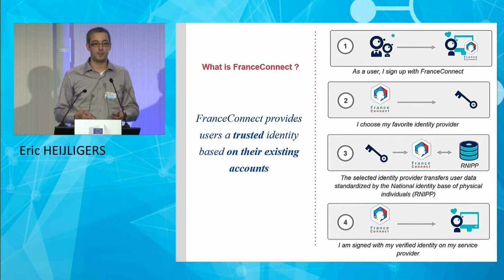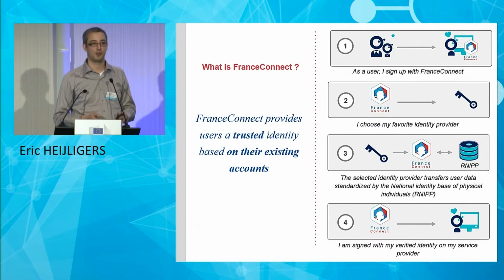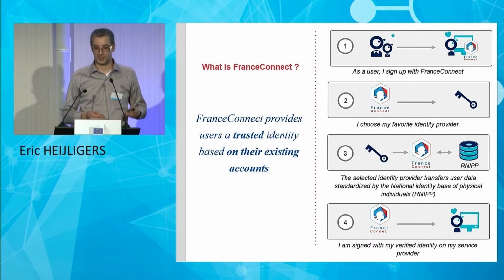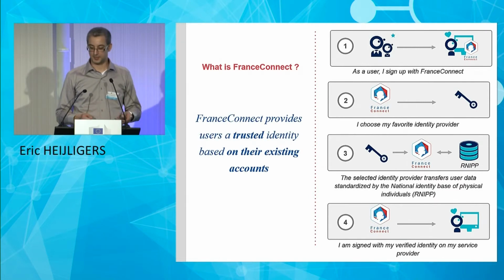We are doing the same as Google Sign-in or Facebook Connect. We use the same technology, OpenID Connect, and we work in the same way, but we offer only checked, trusted, verified identities. So that's the first thing you have to retain from what I'm telling: France Connect only gives trusted identities.